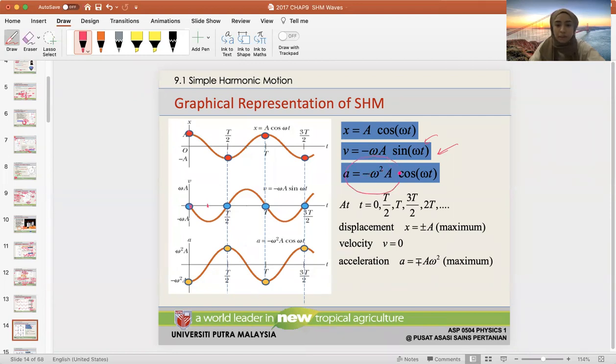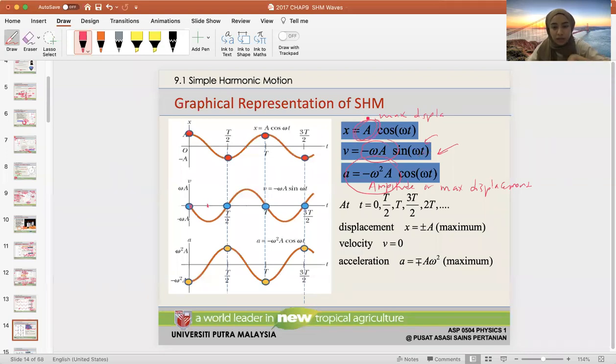So this is now your amplitude, or maximum displacement. This is also your maximum displacement for your v. So the maximum displacement is not necessarily A. It is whatever is in front of your cosine or sine function.